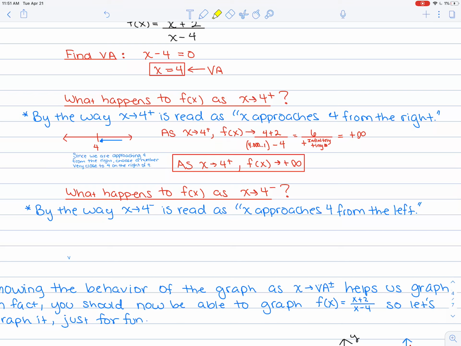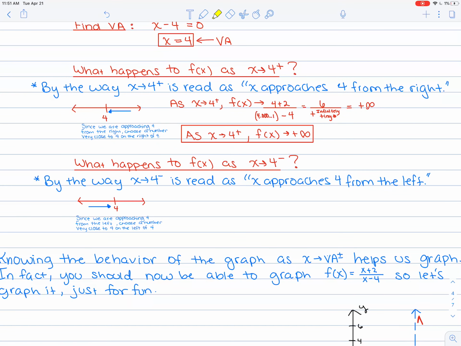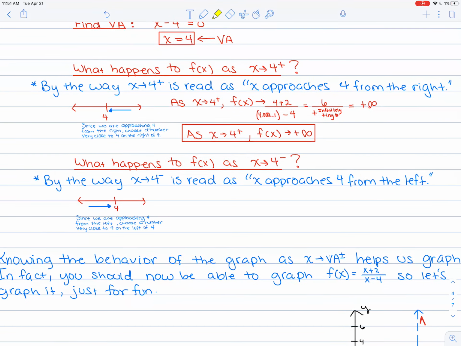Now let's do the same thing for what happens to f of x as x approaches 4 from the left. The superscript negative is what I'm looking at; that negative means coming from the left. So if you're coming from the left, what number should we plug in?